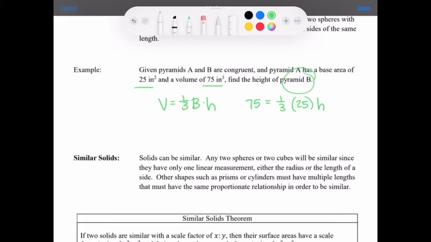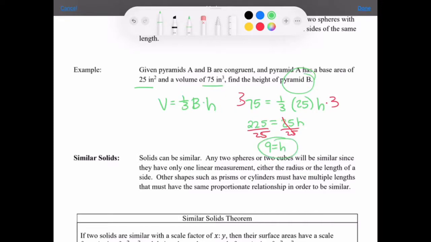So multiply by 3 on both sides, and we get 225 is equal to 25 times the height. Divide by 25 on both sides, and we get a height of 9.